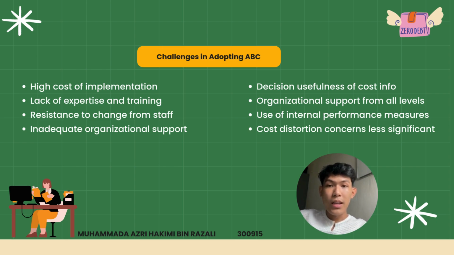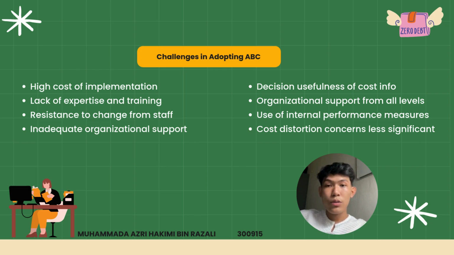Secondly, expertise is a major issue. ABC requires a different mindset and skills, both from accounting and operational teams. Many Malaysian firms simply do not have personnel trained in ABC principles. Third, resistance to change is a common problem.